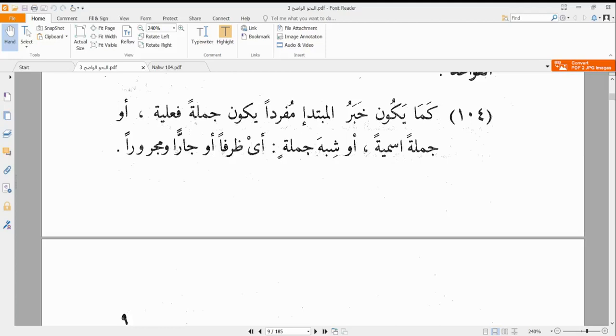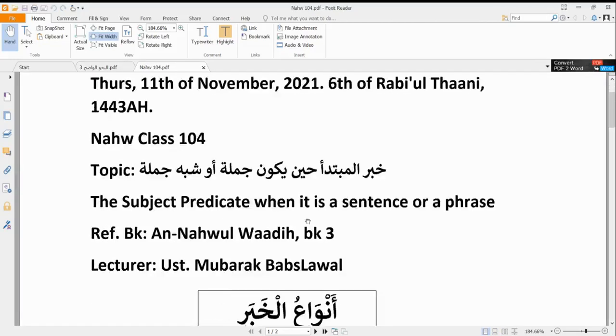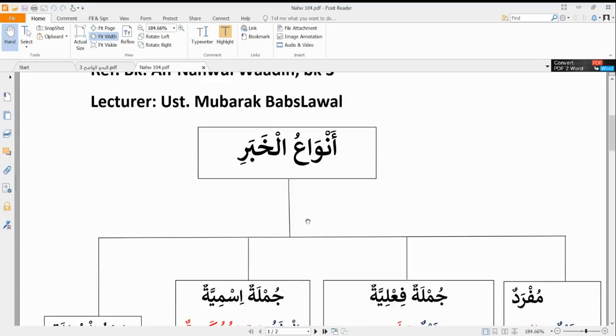Shibhu jumla usually comes with a zarf, or it can be a jarr and majrur. We've summarized this in a chart, so you can look at the different types of khabar that we can have.